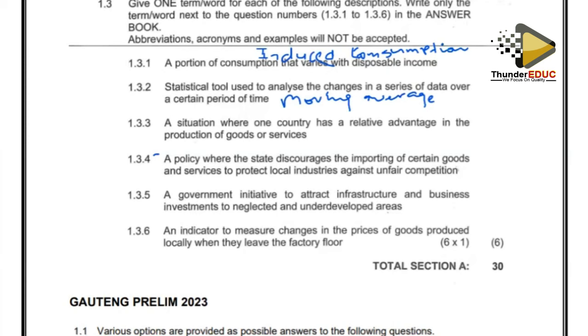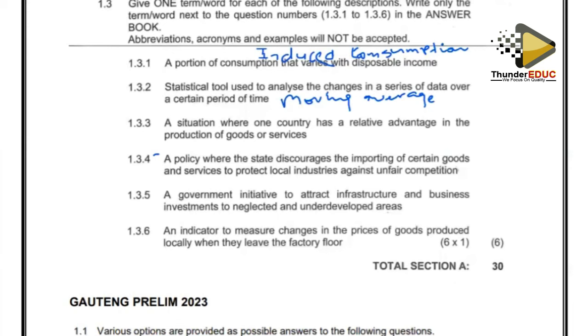The next question we have, 1.3.3, and 1.3.3 reads as follows. A situation where one country has a relative advantage in the production of goods or services.